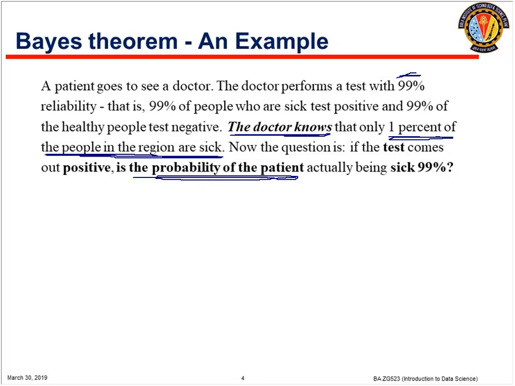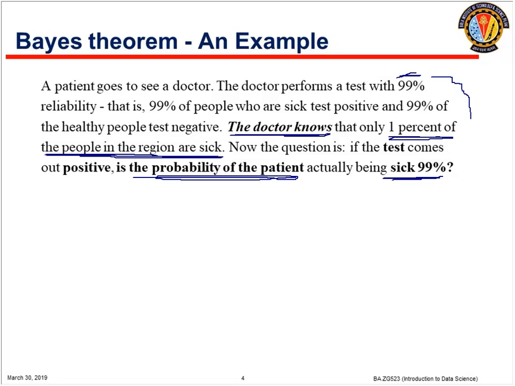According to the conditions above, it seems like the probability of the person being sick is 99%, because the result is 99% reliable, right? If the person has the disease and the result has come out positive, there is a 99% chance that the person actually has the disease.